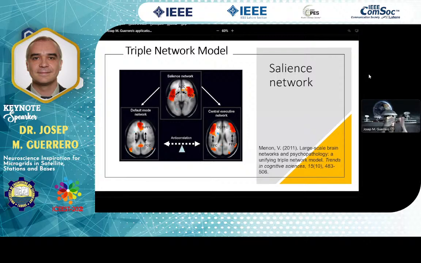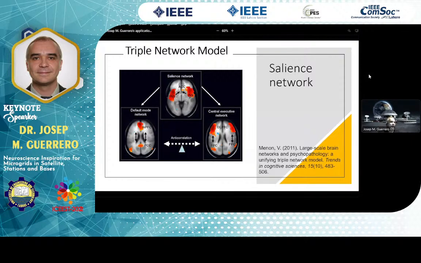So in that part, you are focused on what you are doing. Maybe sometimes you switch again to the DMN. And this place here, the insula, is controlling this switch between the two modes.